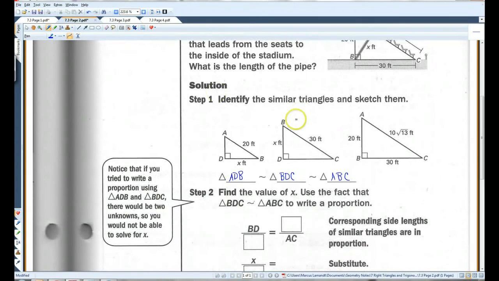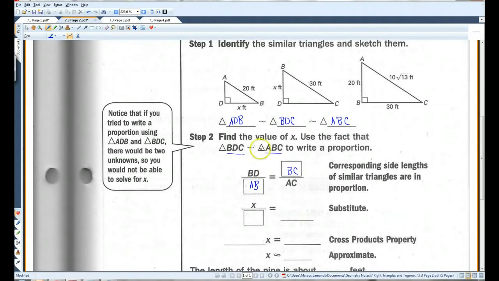So here is X. We could use this triangle and this triangle, or we could use this triangle and this triangle. The problem apparently wants us to use BDC and ABC. So that's this triangle and this triangle. BD corresponds with AB, and BC corresponds with AC.